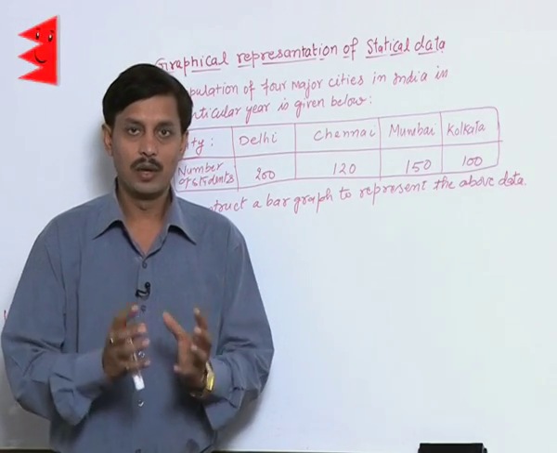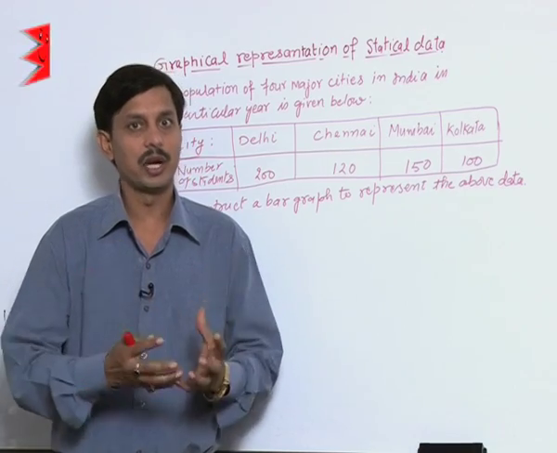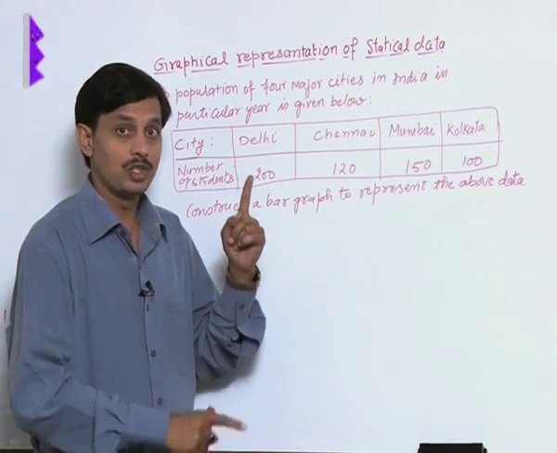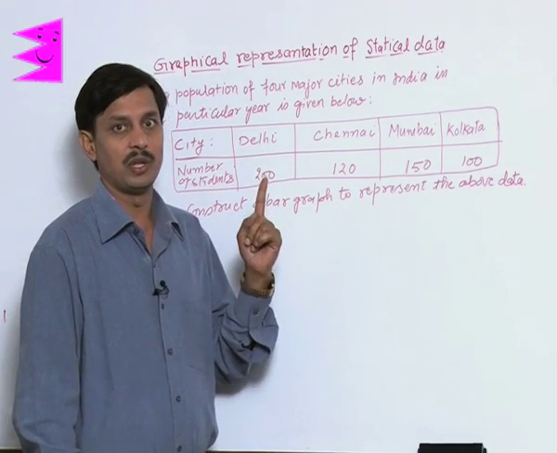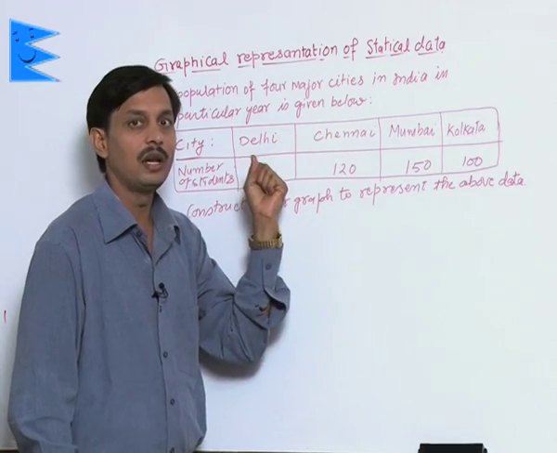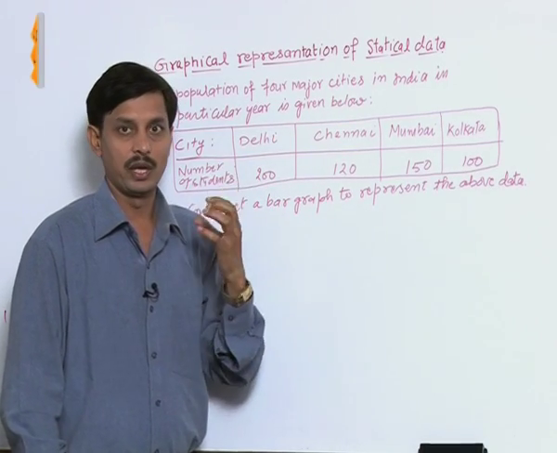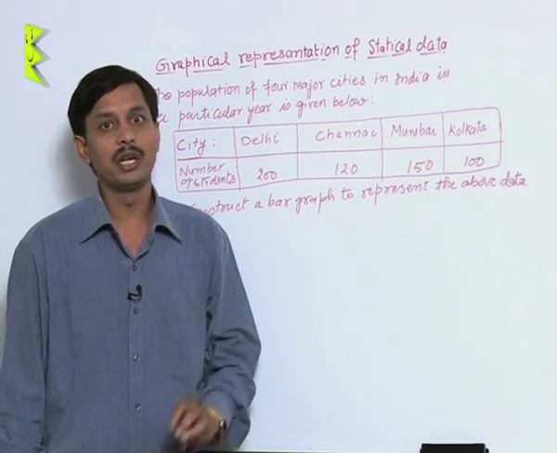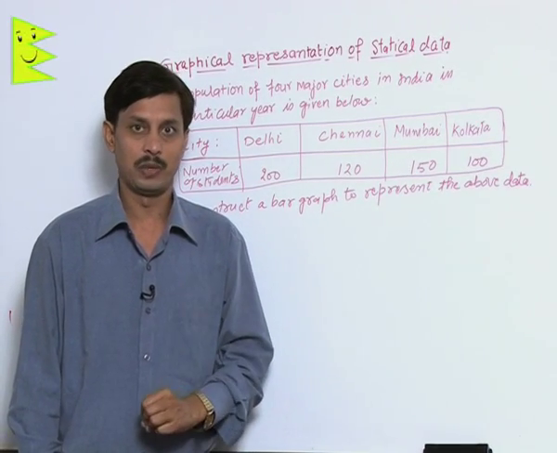this study, which makes our statistics more interesting, comes in our chapter which I am discussing with you, graphical representation of statistical data. Okay, so here in class 9th there are three types of representations possible.